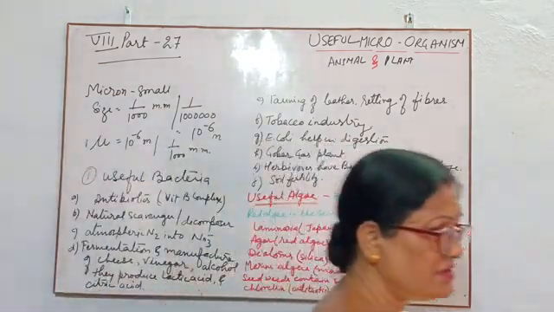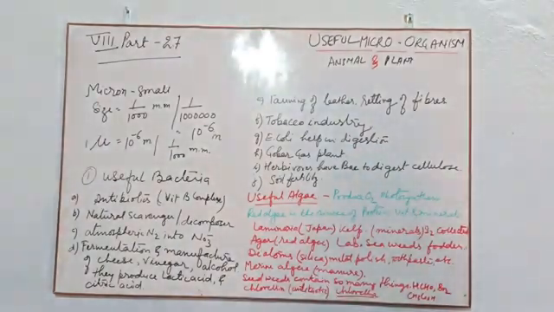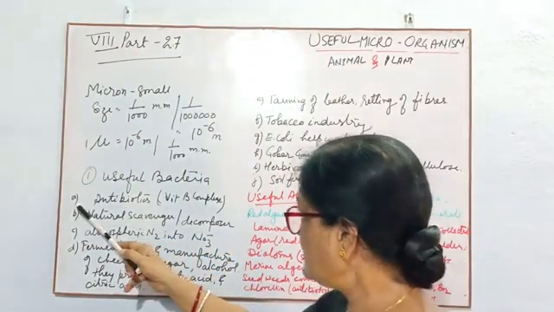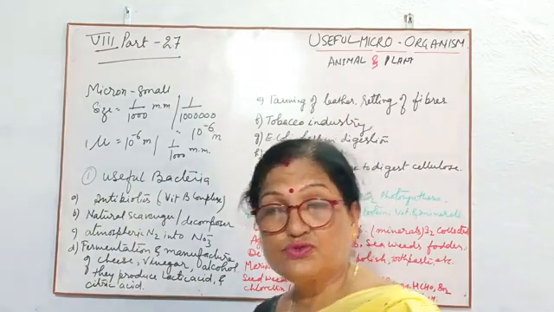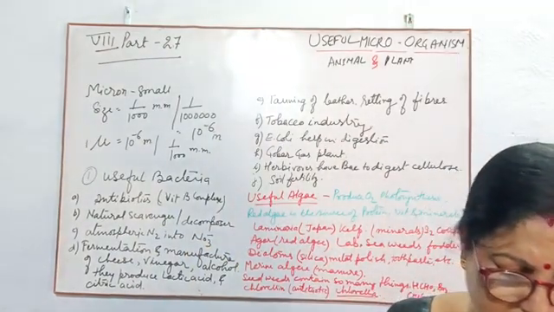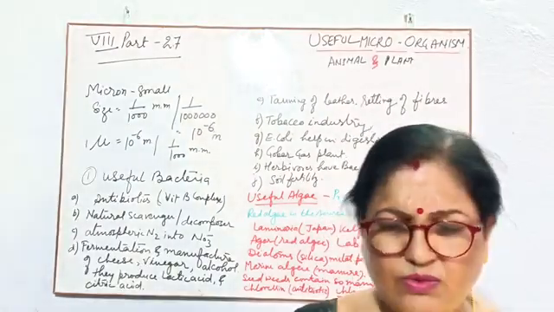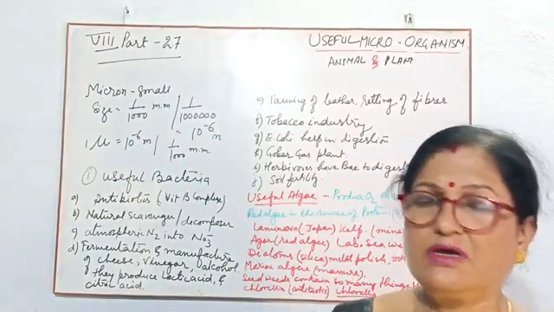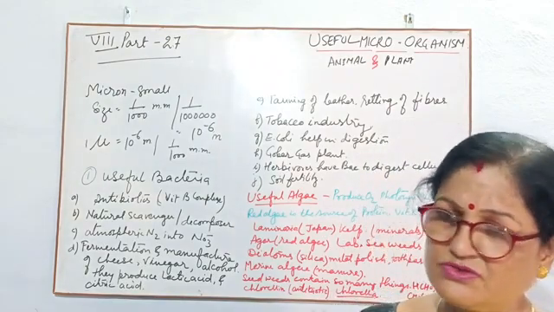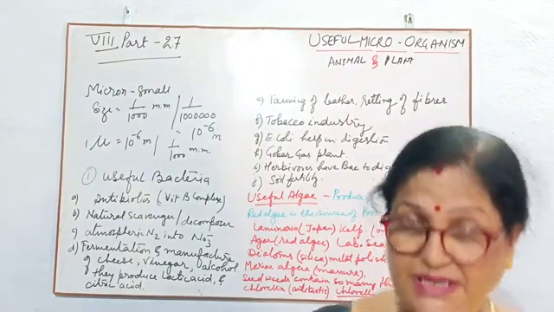The name is useful bacteria, so the first use of bacteria given here is that they are used to prepare antibiotics. Antibiotic medicine you use while you are getting fever, while you are getting some stomach problem. So antibiotics are prescribed by the doctors.